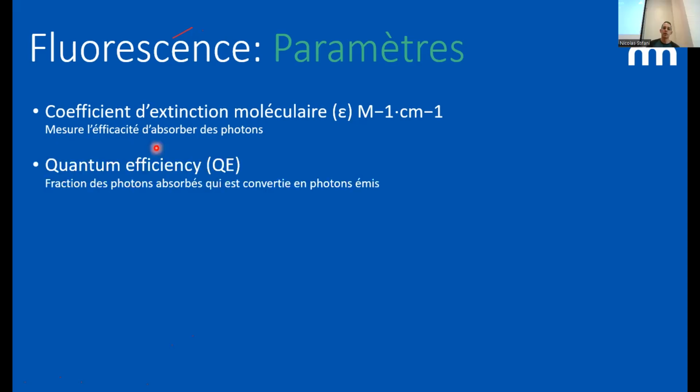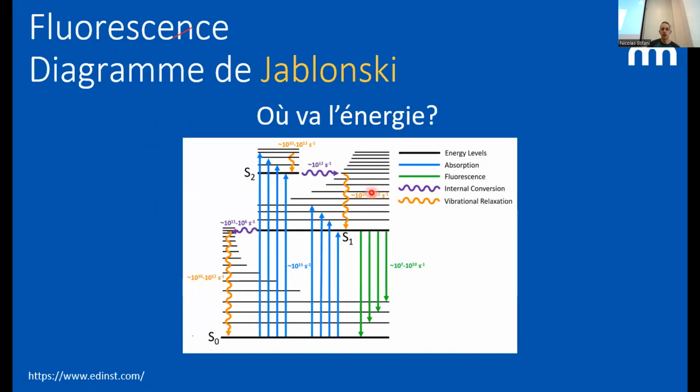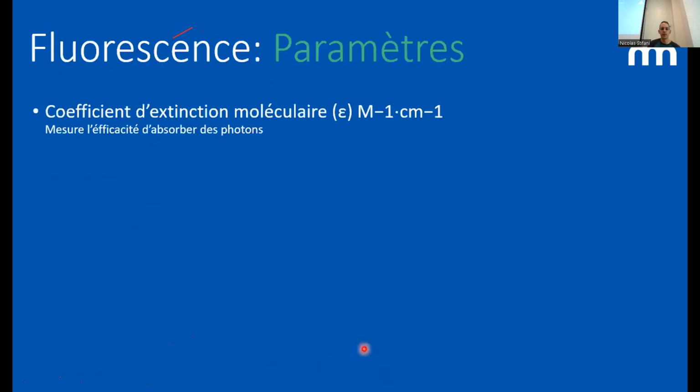The second one is called quantum efficiency, and this is the fraction of photons that are absorbed that are transferred into emitted photons. It is telling you how much energy you're losing. If you have one going in and one going out, then you have 100% quantum efficiency. If you need 2 photons going in and then you lose a lot of energy and you have only one going out, then you have a 50% quantum efficiency.